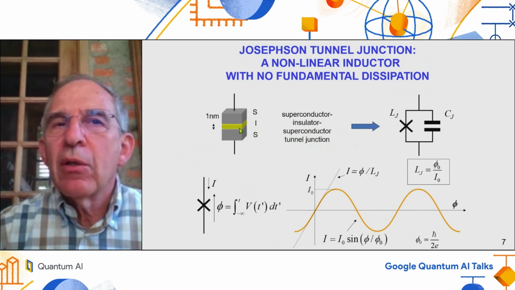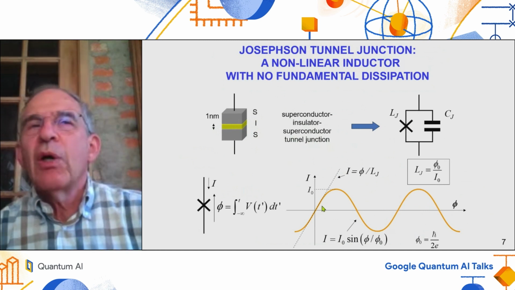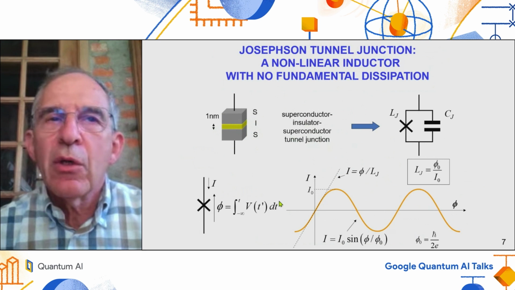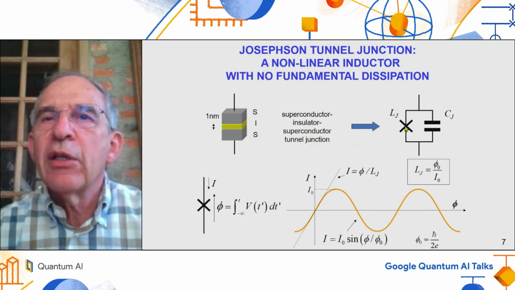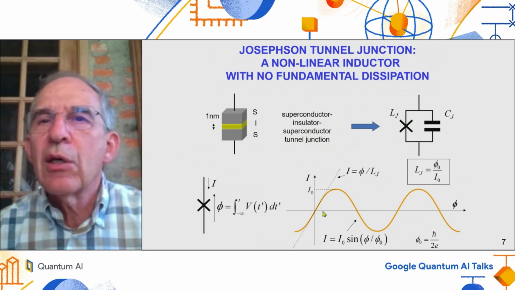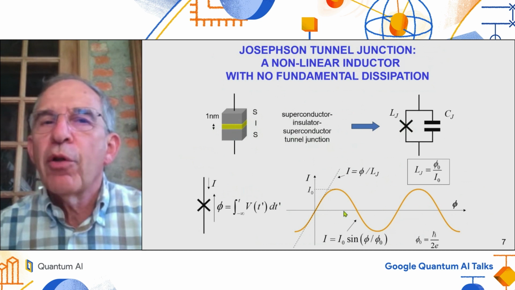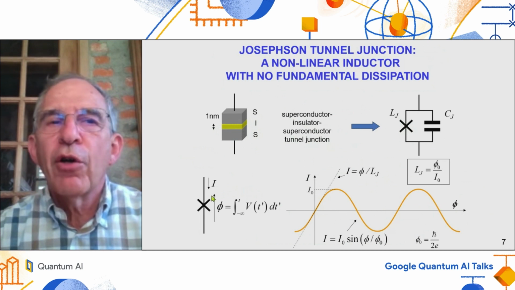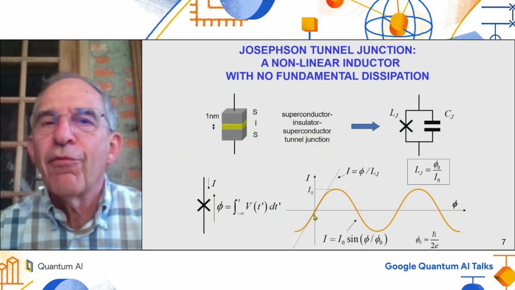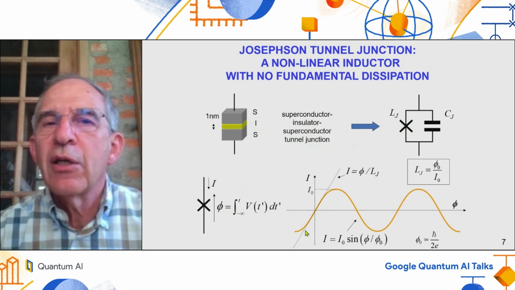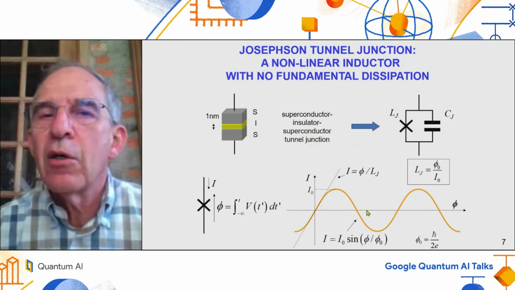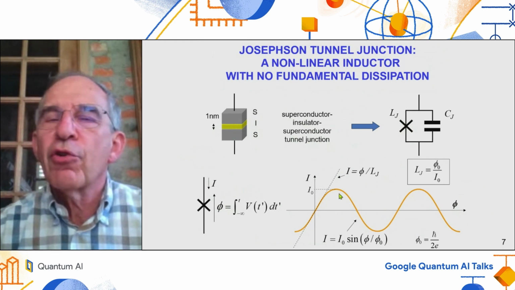Now, what does a tunnel junction do? Well, you can view it as a sort of nonlinear inductance, despite the fact that its symbol is a cross. If you plot the characteristic of this element, if you plot the current through it as a function of the flux, which is defined here as the integral of the voltage, you see that for small fluxes, it behaves like an inductance, a linear inductance, but it oscillates when the flux exceeds of order the flux quantum.